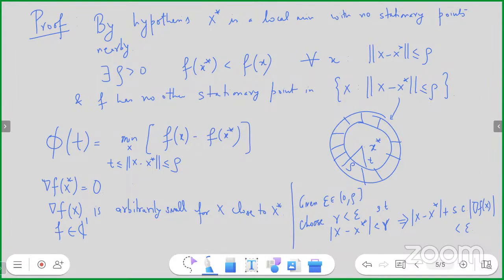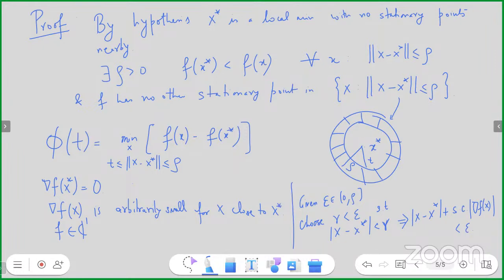And why is this true? Because of that. Can somebody convince me? So the modulus of x minus x star is always less than rho. You're asking us to prove that there exists such an r.